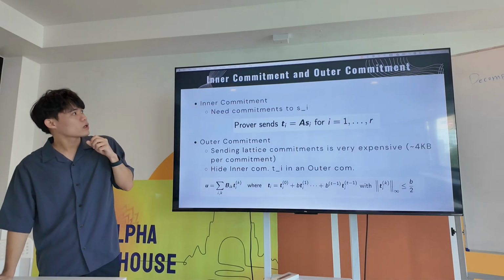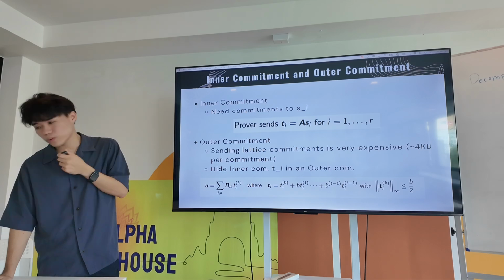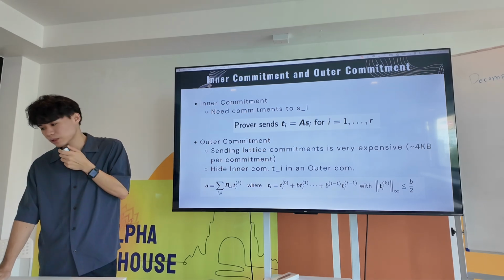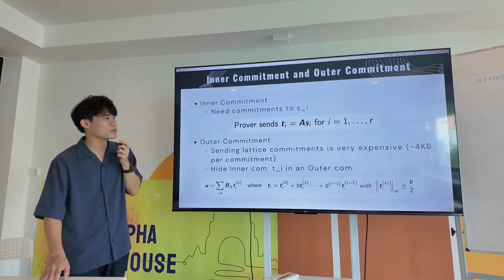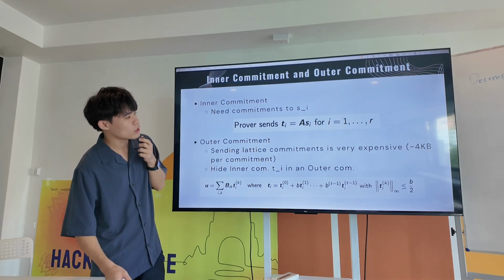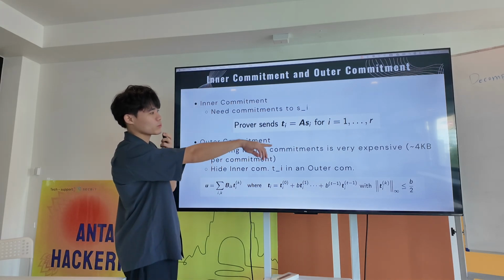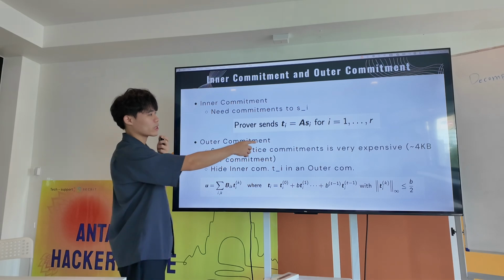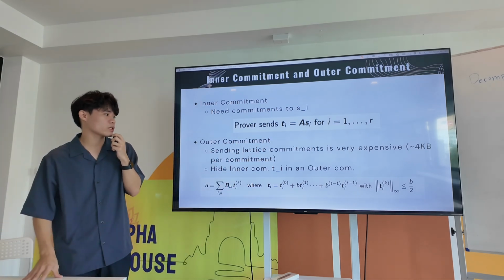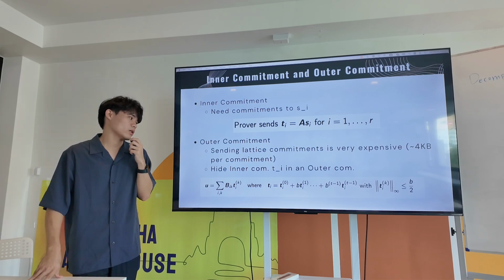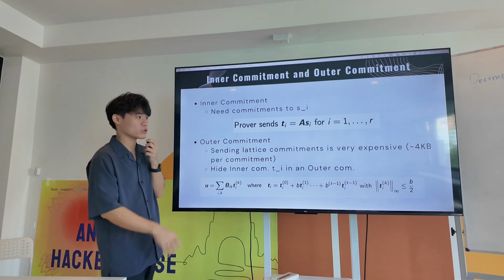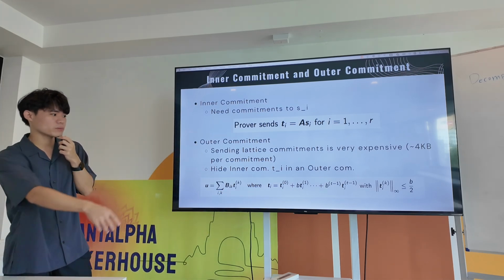Okay, and then there are two types of commitments used in Labrador. First is the inner commitment, which is just like an ordinary commitment. You use the random matrix A and multiply it with your witness, so you get t_i. But here there is a problem: if you send the lattice commitment directly, it's very expensive, almost 4 kilobytes per commitment.